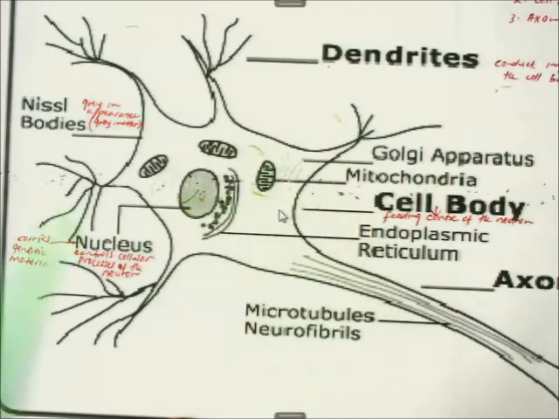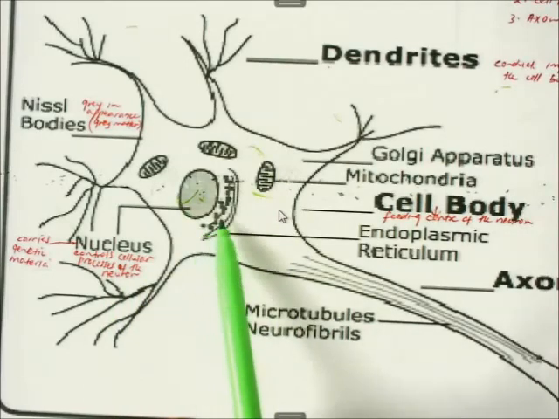The function of the mitochondria is to generate the energy that will help to drive away the nerve impulses from the cell body. And then from there, we find an endoplasmic reticulum. We know very well that the endoplasmic reticulum plays a role in transporting organelles within a cell.